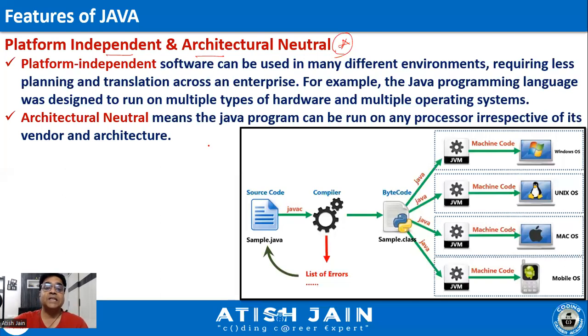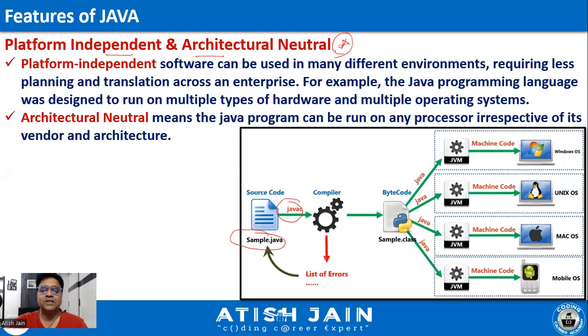So how is Java achieving this? The piece of code you write in Java is known as source code, and the source code is always saved in a file having extension .java. Then by using a tool called Java compiler, we compile our Java program.